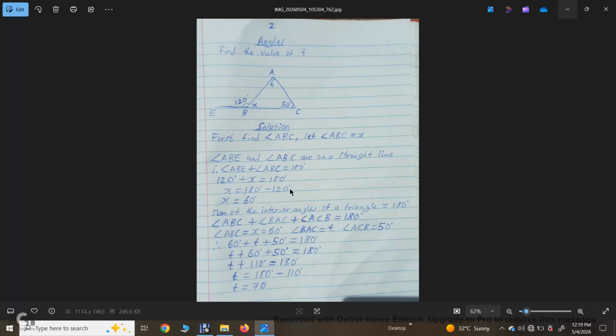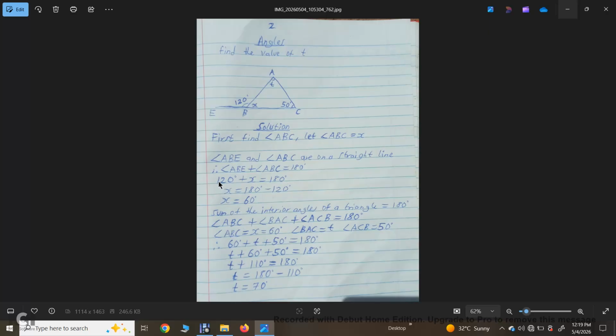Note this: whenever a number or a term crosses an equal sign, its sign changes. When its sign is negative, it changes to positive, and when its sign is positive, it changes to negative.